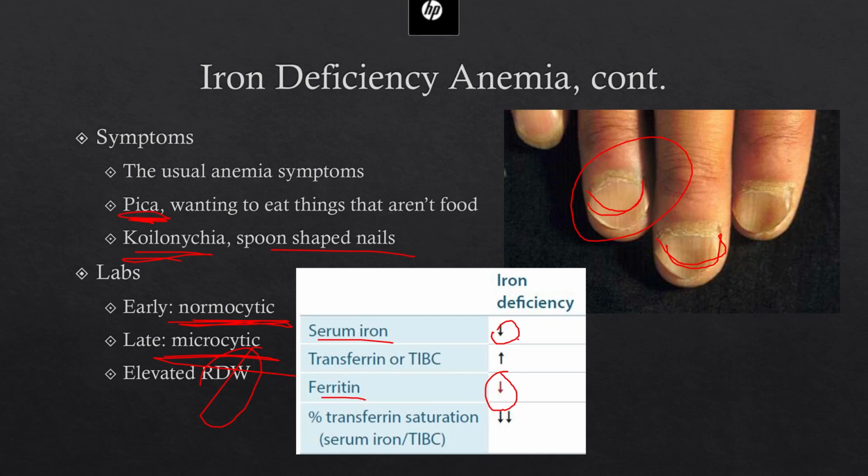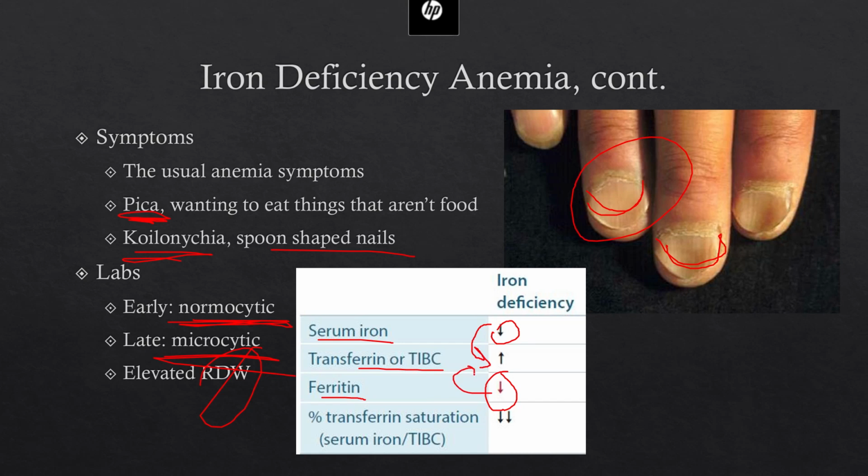There's not that much iron left. Okay? And similarly, the TIBC, or the total iron binding capacity, you have more iron binding capacity because you have less iron, right? So think of the transferrin or the TIBC always as a result of your serum iron and ferritin.